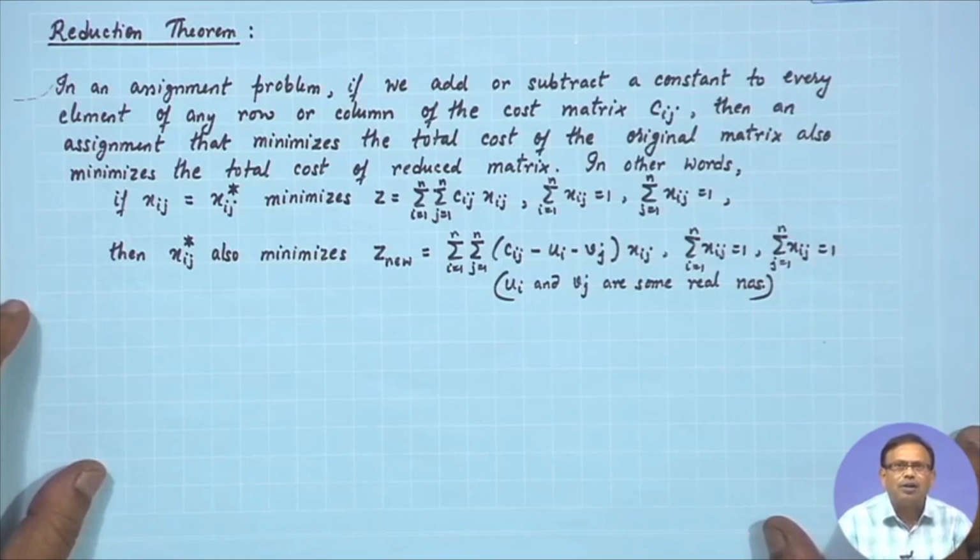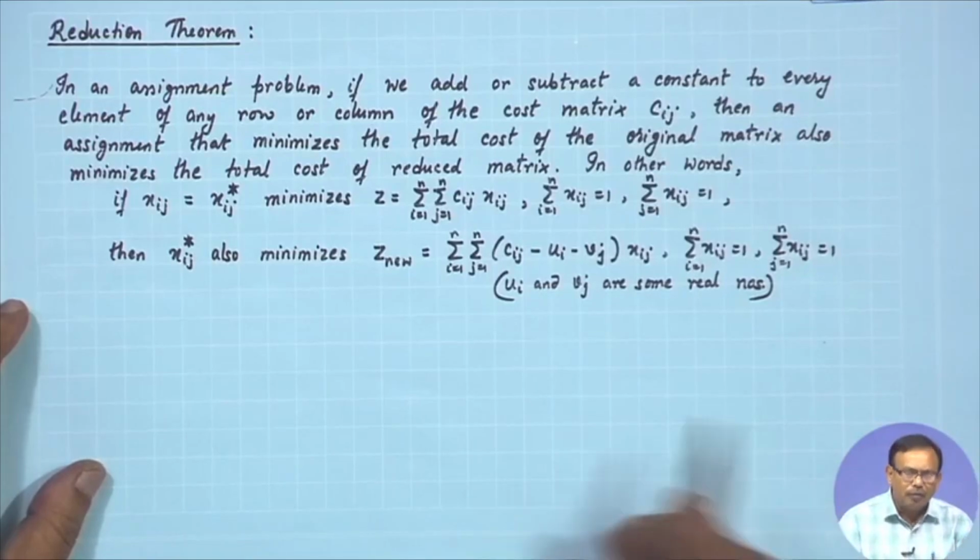Or in other words, whenever I am trying to obtain the solution, if I add or subtract a constant with a row or a column, the optimal solution of the original problem and the optimal solution of the reduced problem will remain as it is.